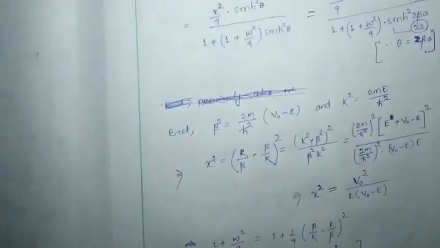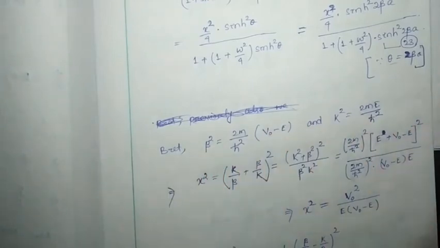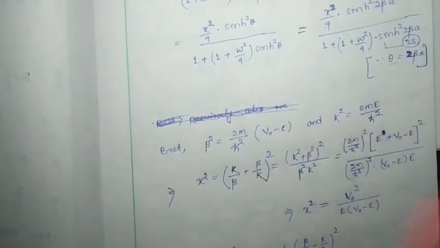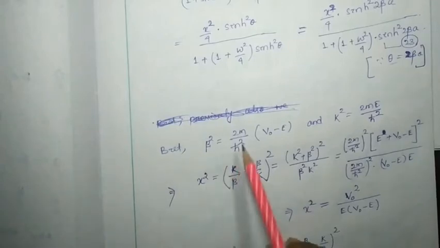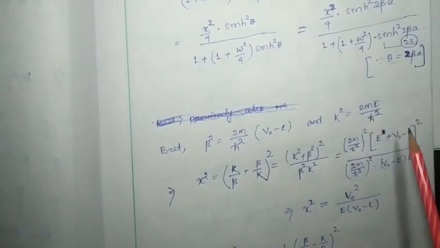That we are going to put now. So β² is equal to 2m/ħ² (V0 − E), and k² is equal to 2mE/ħ².